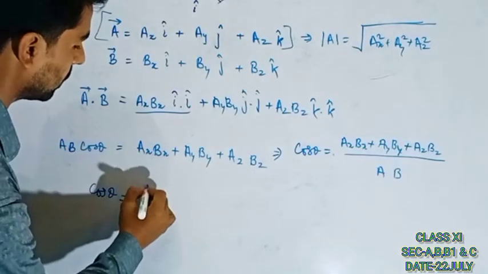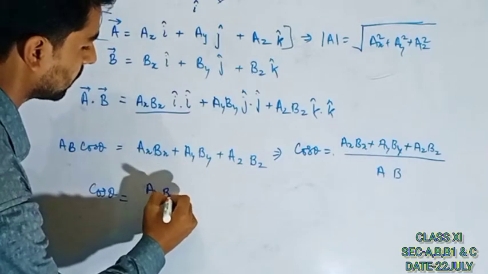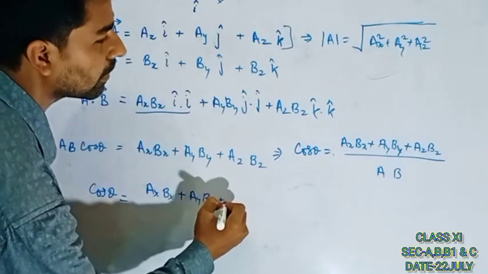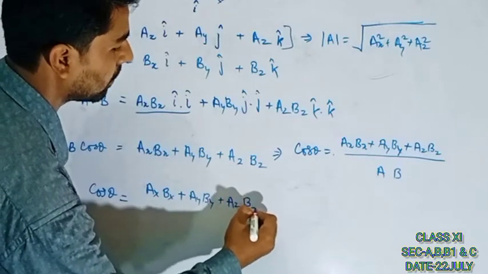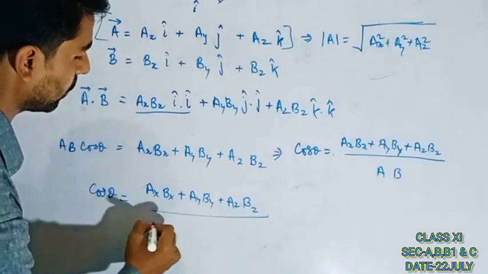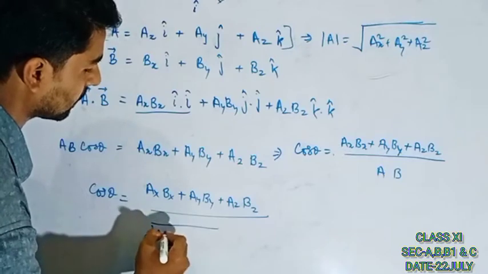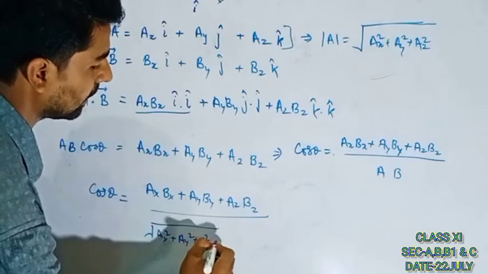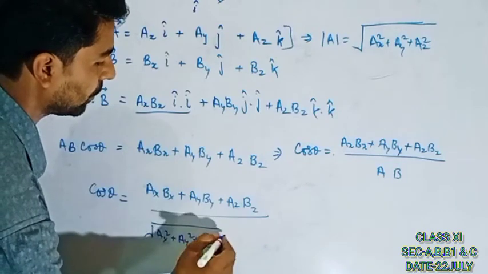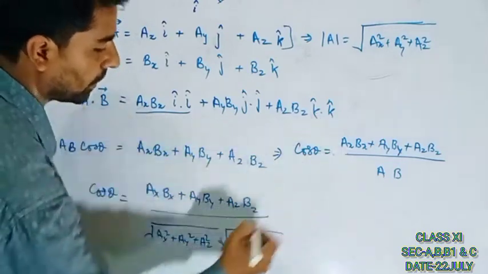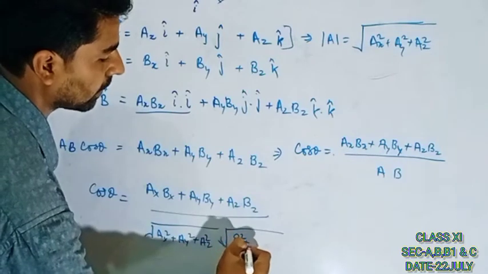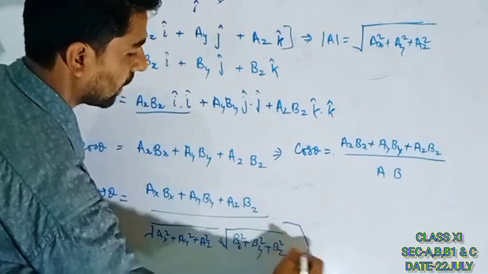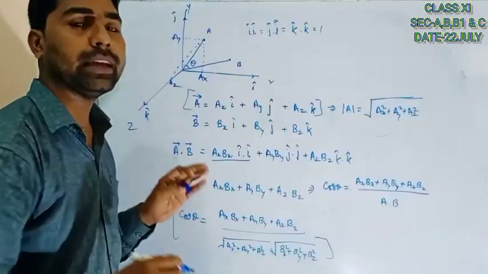Cos theta is equal to ax bx plus ay by plus az bz, over under root ax square plus ay square plus az square, into under root, now for the b, bx square plus by square plus bz square. In this way we can calculate the angles also.